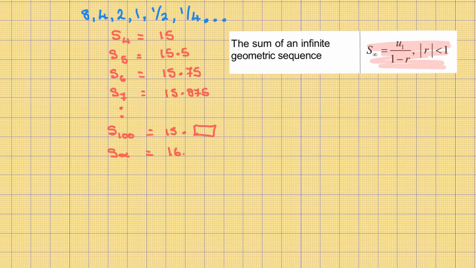So the sum to infinity is equal to u1, which is 8, divided by 1 minus r, which is a half. So the sum to infinity is 8 divided by a half, which is 16.